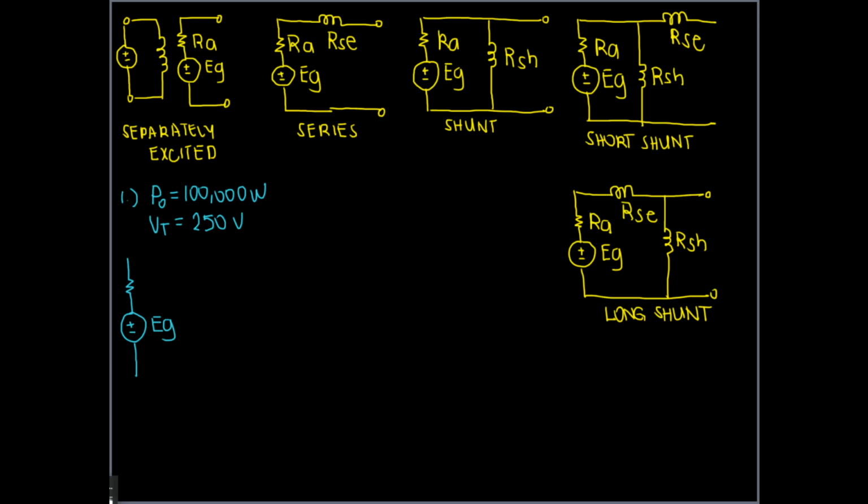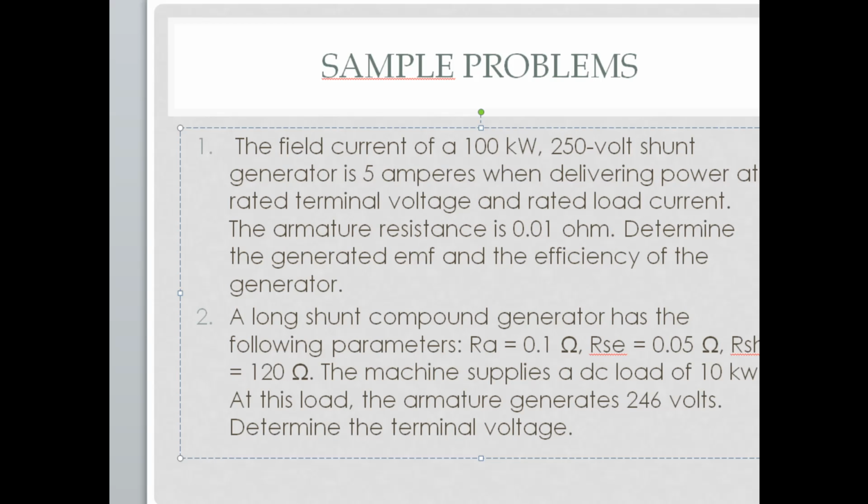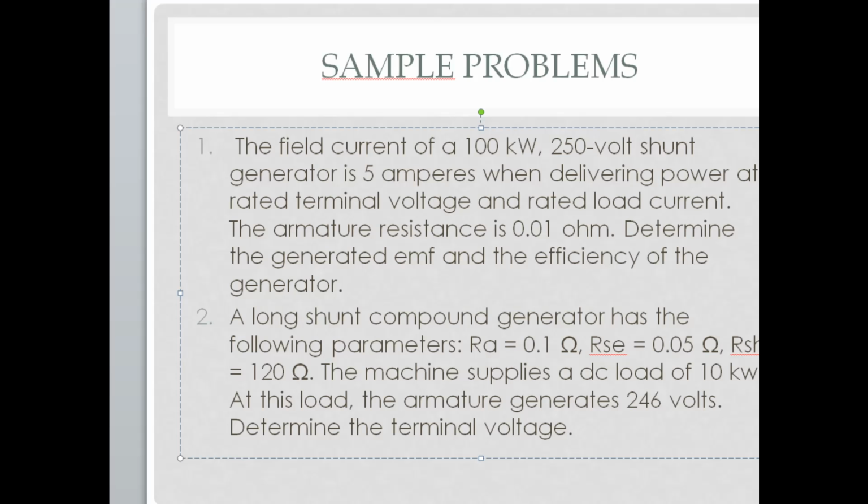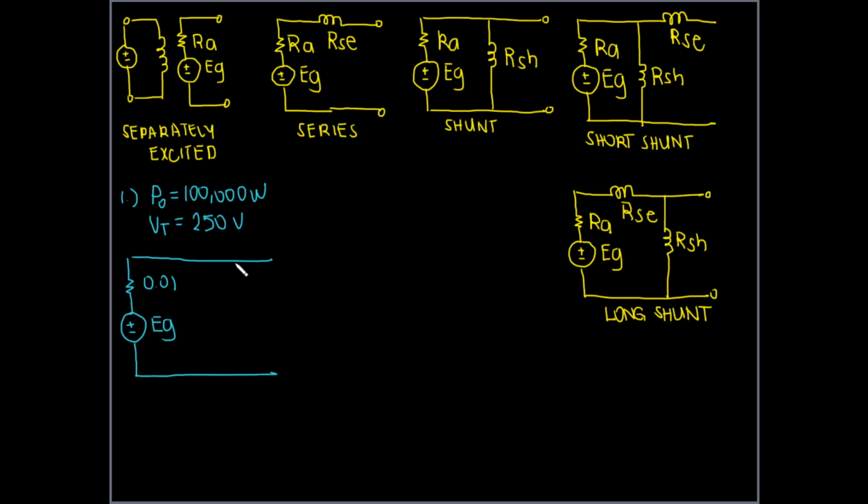This is your armature resistance, which is given to be 0.01. Next, you also must be given the field resistance, I suppose. Or no, it did not give the field resistance. So that is also an unknown.